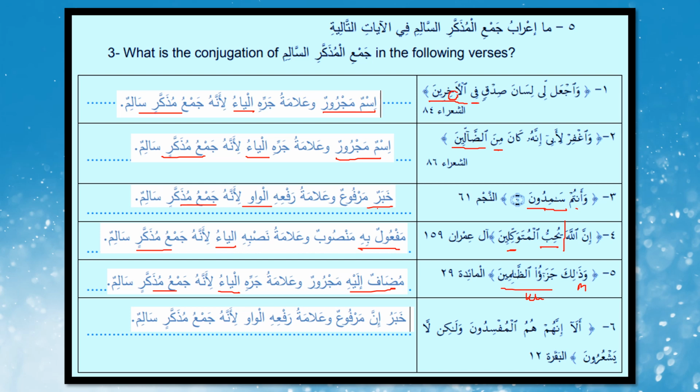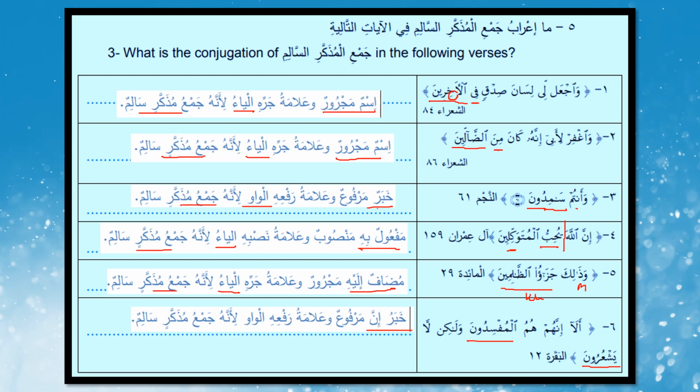ألا إنهم هم المفسدون ولكن لا يشعرون. So this is our fa'il. We are not looking for the fa'il, but we are looking for the nouns only. So humul mufsidun. This is our noun, jama muzakkar, and how is it in khabar inna position?